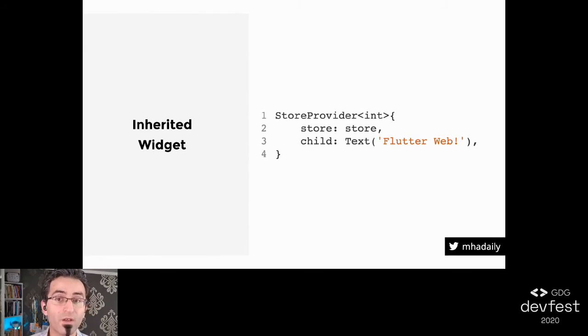In terms of passing data around, or dependency injection, you have inherited widgets, which give you the ability to provide something from the very top to the very bottom of the tree. For instance, if you are familiar with Redux, you can have a store provider widget, and then you can provide that store to any child afterwards and get access to it. Similar concept again in web, right?